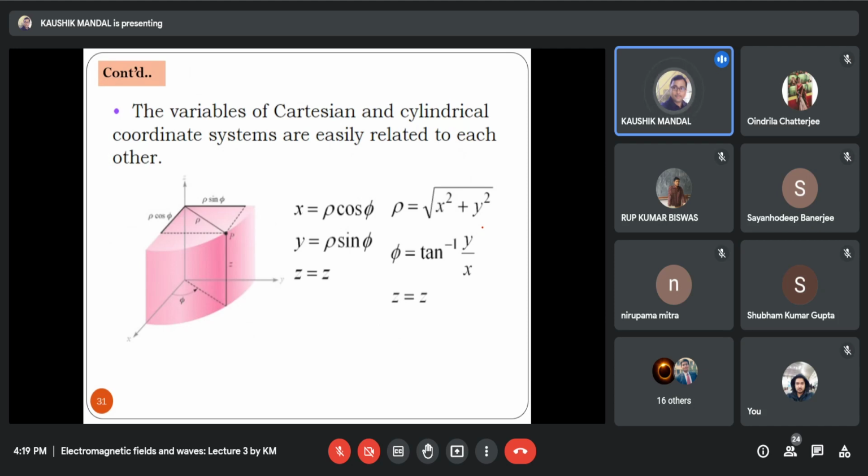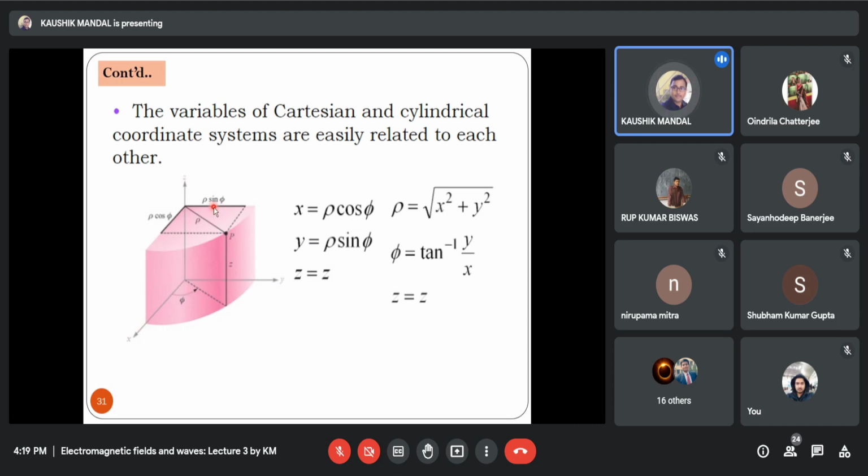Now, how can we write this cylindrical coordinate system in terms of the Cartesian coordinate system? Or how are the Cartesian and cylindrical coordinate systems related to each other? Once again, we have considered the cylindrical coordinate system, where the center is along the z-axis.